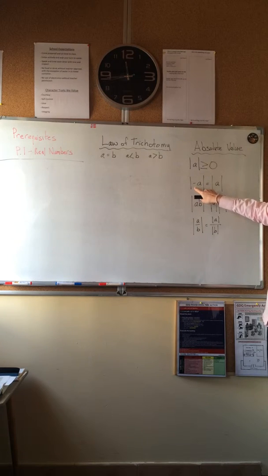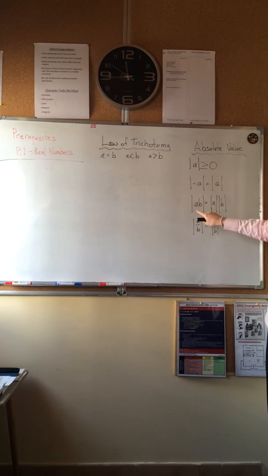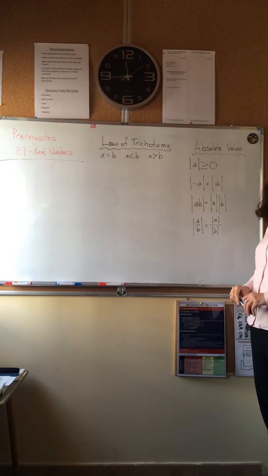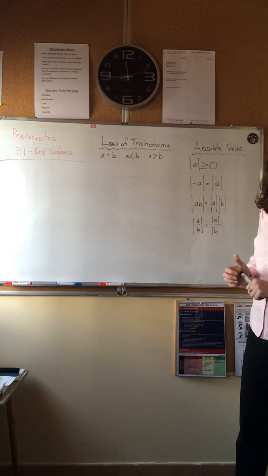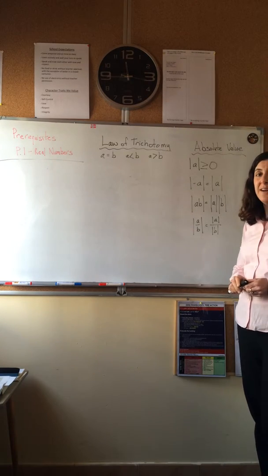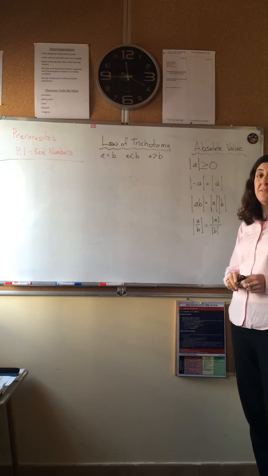So this negative A, notice the negative is within the absolute value signs, is equal to the positive A. A times B within the absolute value signs is equal to the absolute value of A times the absolute value of B. And A over B within absolute value signs is equal to the absolute value of A over the absolute value of B. This probably makes little sense without any actual values to it and reasoning of why we would use it. This is used often to find the distance between values.